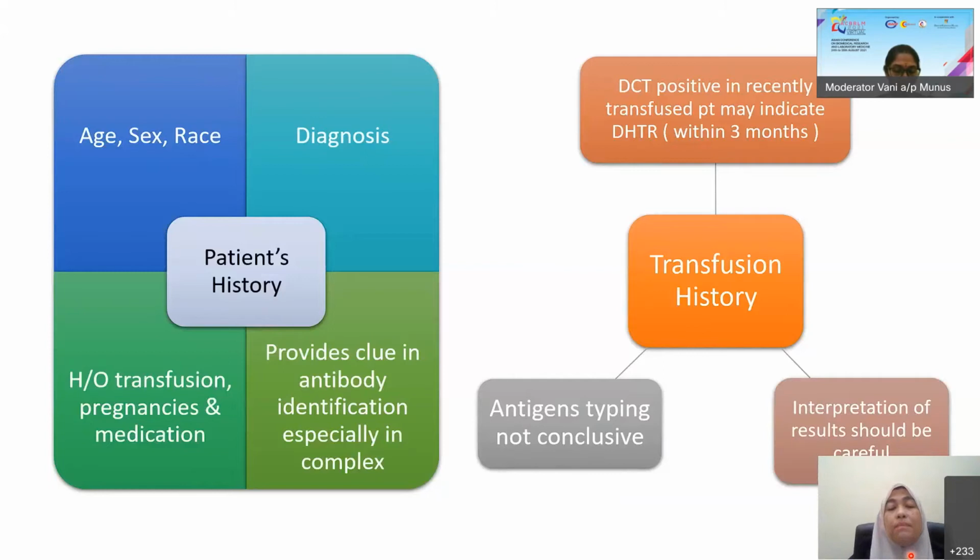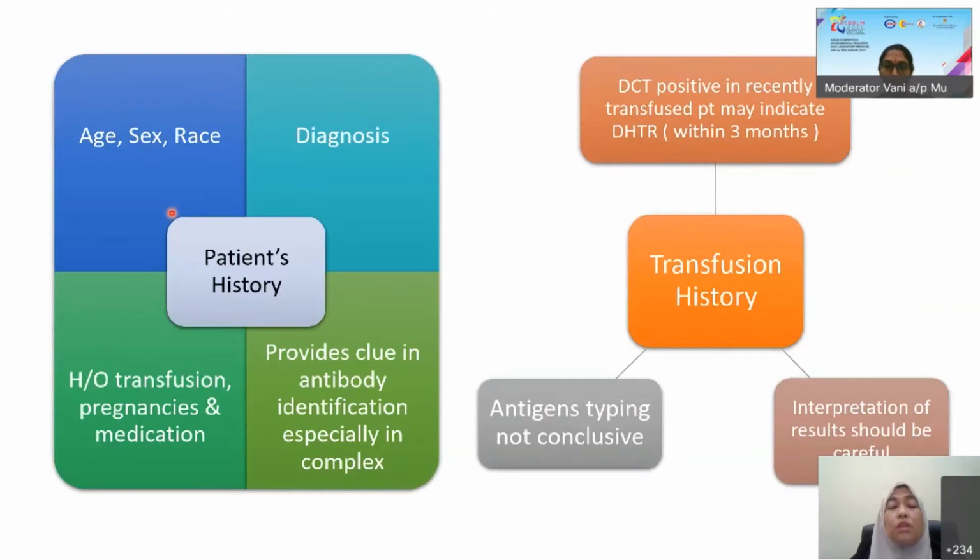Whenever the ward wants to send an antibody investigation to the lab, the details must be written on the request form for us to get a clue when doing the antibody identification testing. The patient history is very important here.